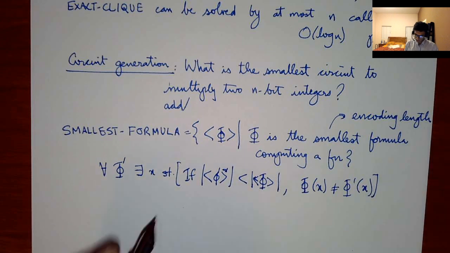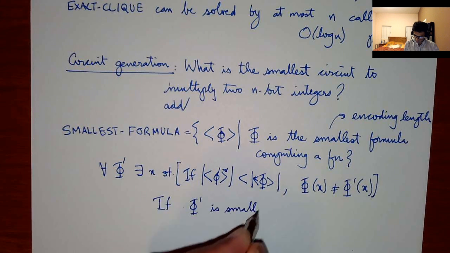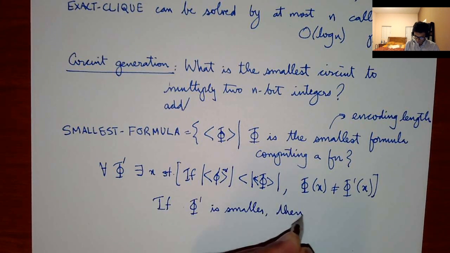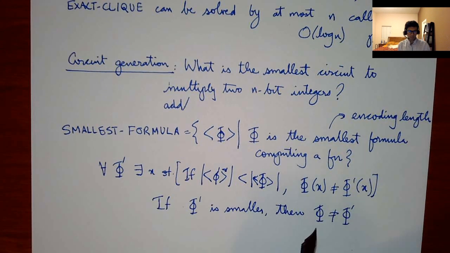This is just saying that if phi prime is smaller, then phi is not equal to phi prime. But what does it mean to be not equal? It means that there's some input where they differ.